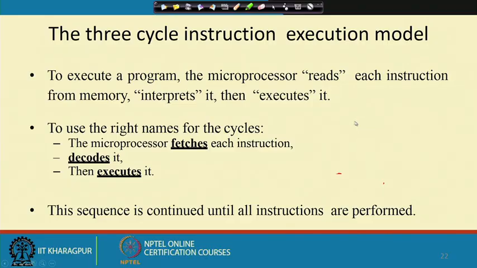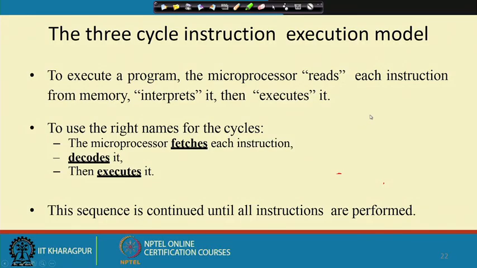Normally all processors have one halt instruction. When this halt instruction is executed, the processor stops doing the fetch, decode, execute cycles, and waits in that state until an interrupt comes from the outside world, so that the processor is put back to its original mode of execution. So, that is the 3 cycle instruction model of any processor.